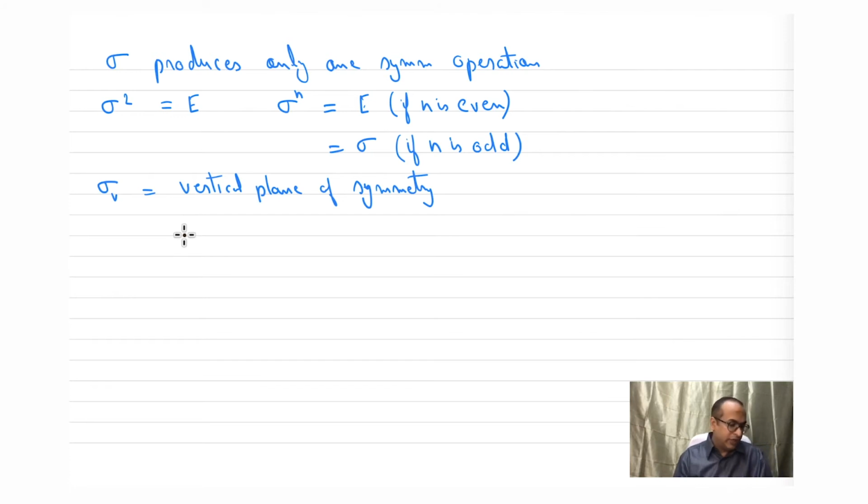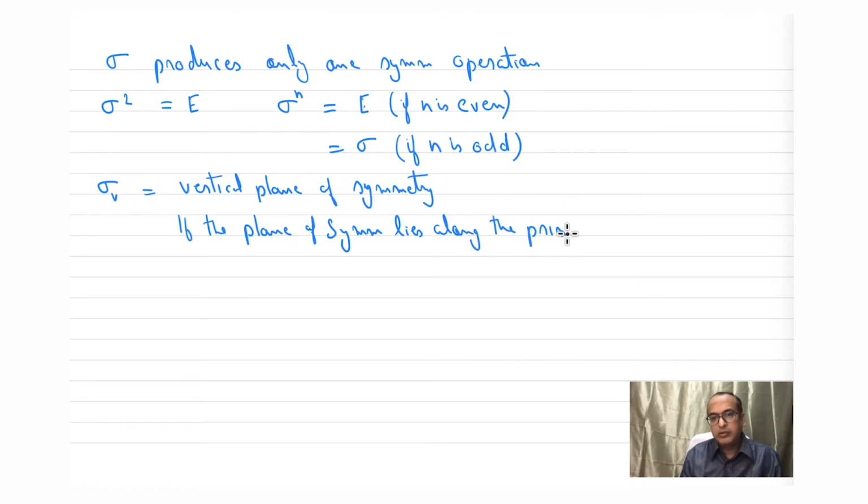It is defined as follows: if the plane of symmetry lies along the principal axis of rotation, it is called a vertical plane of symmetry.